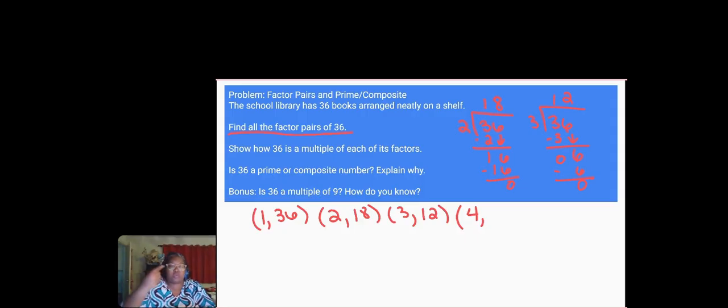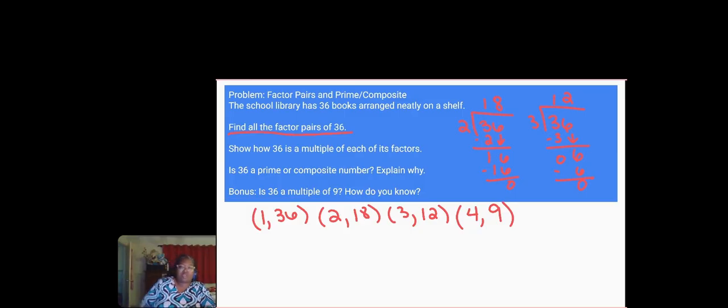We have 4, 8, 12, 16, 20, 24, 28, 32, 36. So 4 times 9 does give us 36, so that means 4 and 9 are a factor pair of 36. This pretty much clears almost everything.